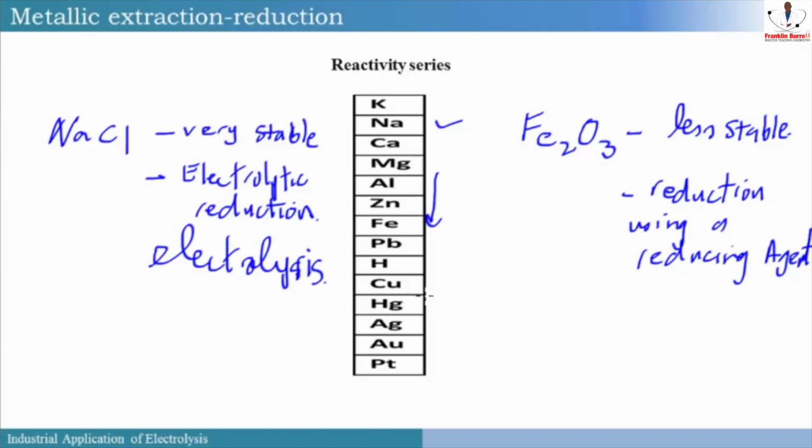If the metal is found lower in the series, then the method would be reduction using a reducing agent, which is carbon in the form of carbon monoxide or carbon dioxide. And again, we say that the gaseous forms of carbon are more effective reducing agents than the solid form of carbon. Let us take a look at this simulation.